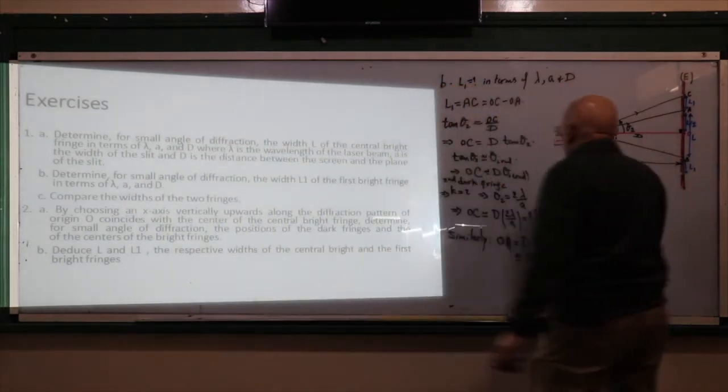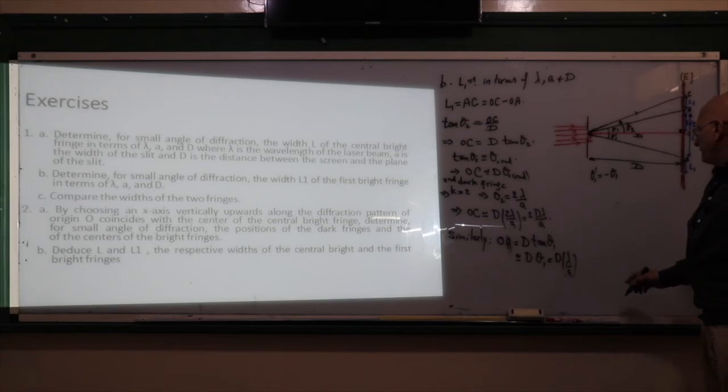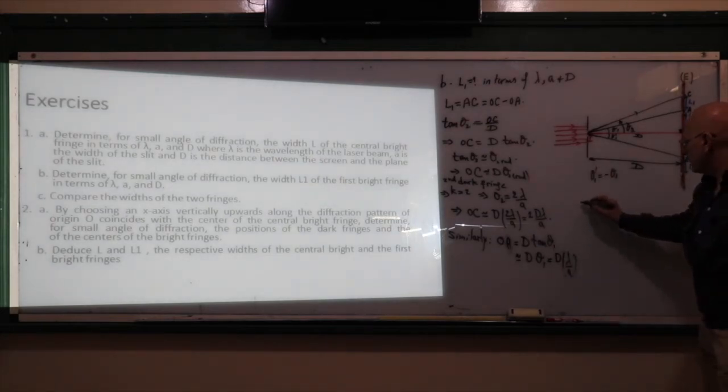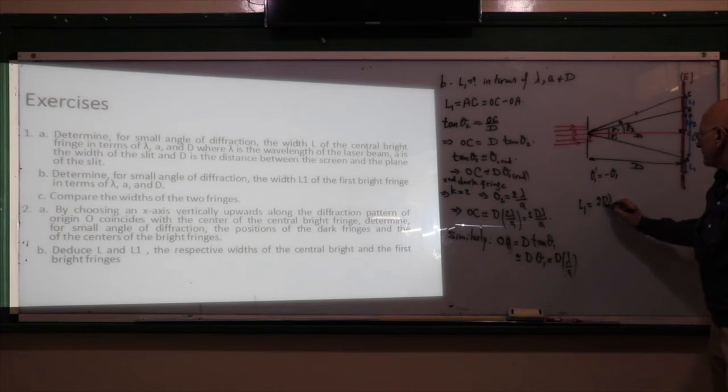So now I can find L1, which is OC minus OA. So 2D lambda over A minus D lambda over A gives you D lambda over A. So L1 is D lambda over A.